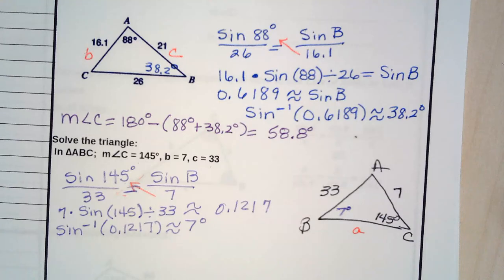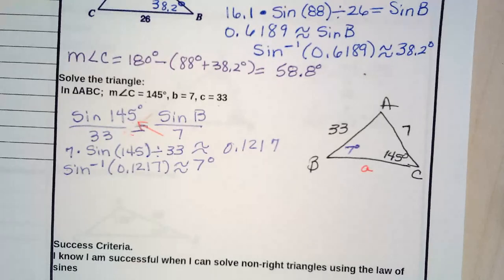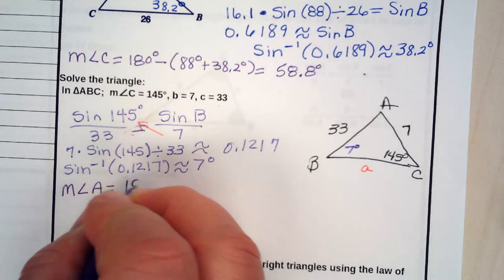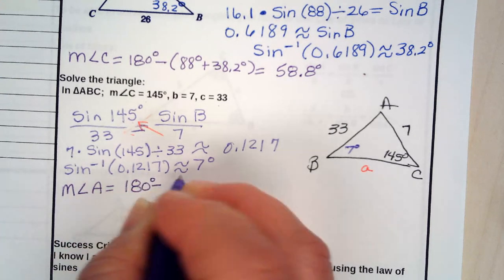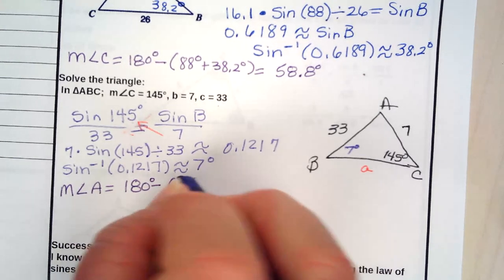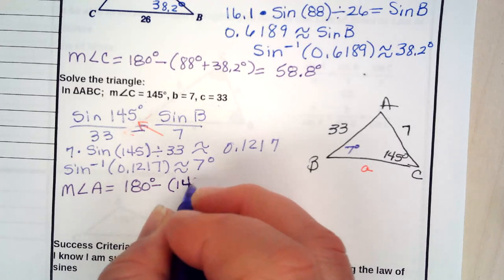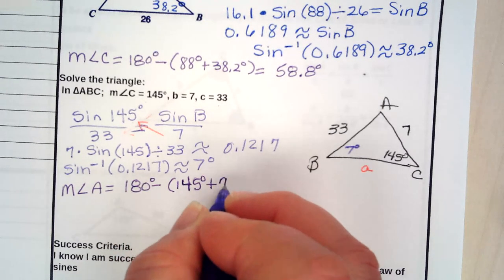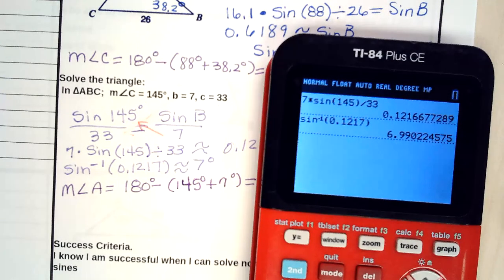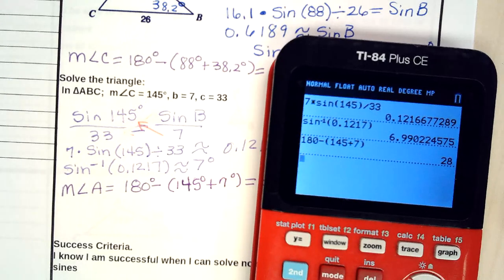Now, I have to find the measure of angle A. You find the measure of angle A by using your triangle sum theorem. 180 degrees minus 145 degrees plus 7 degrees, and you end up with 28 degrees.